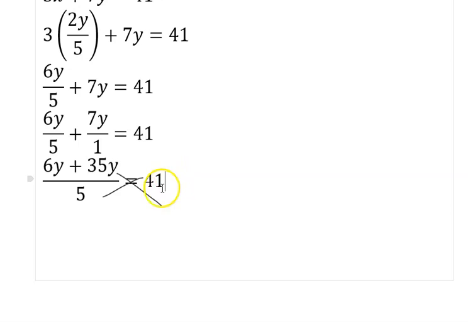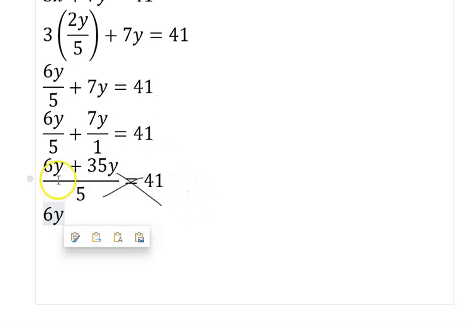So let's go. Now let's get this as a template. 6y plus 35y times 1 will still give us the same thing, 6y plus 35y, equal 41 times 5.